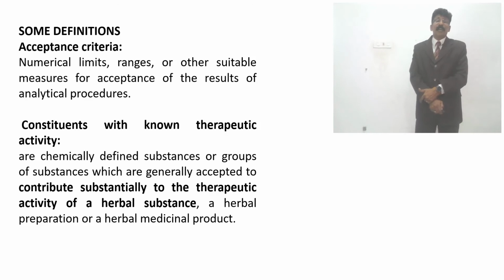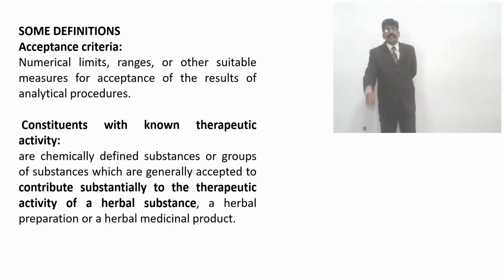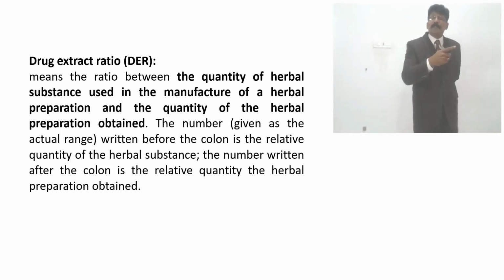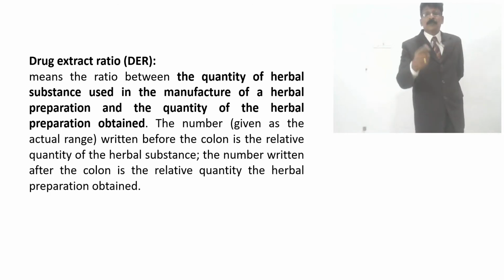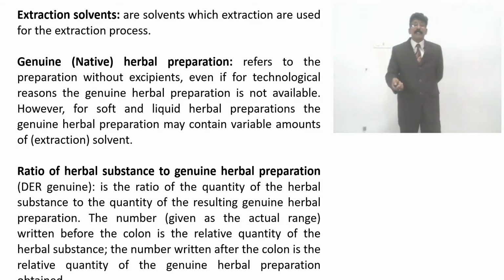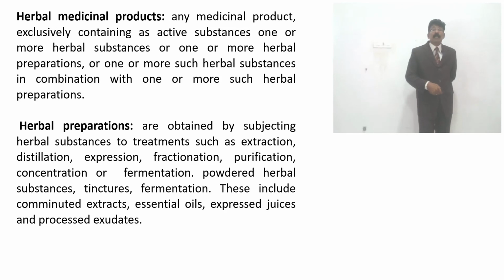Some definitions which I have given are also present in your handout, and you can go through them: acceptance criteria, constituents and known therapeutic activity, and drug extract ratio, for which we have given some examples like A to B. When you read this, it will give you details about what genuine drugs are and the ratio of the herbal substance and genuine substance, herbal preparations, herbal medicinal products.